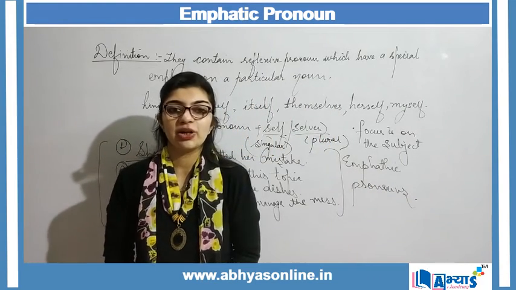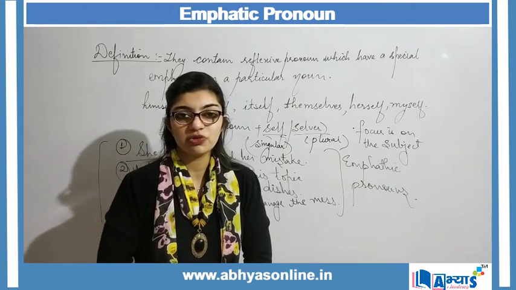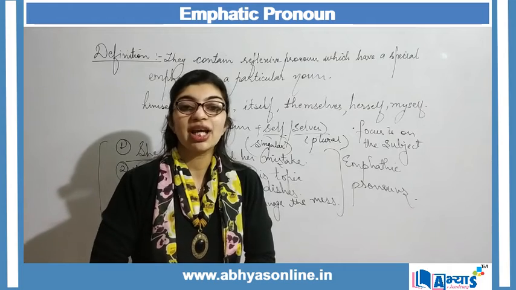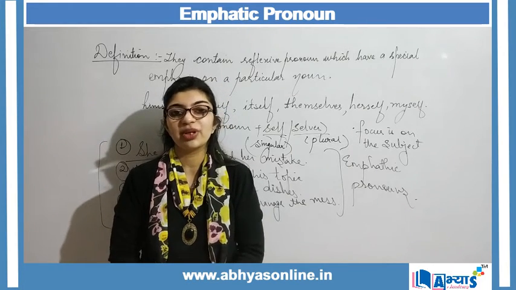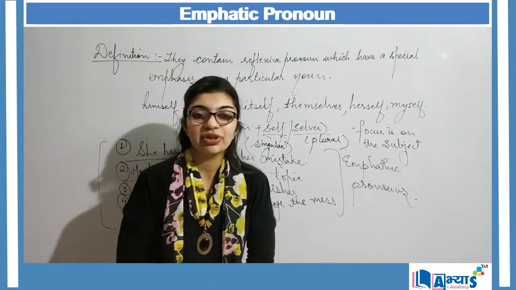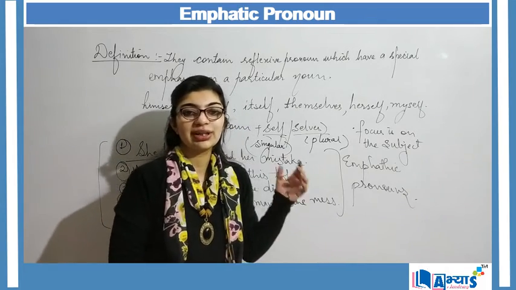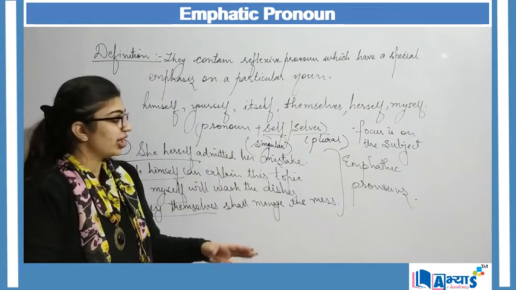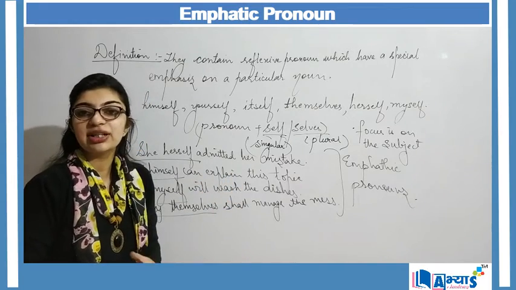So in this video we have talked about pronouns, we have discussed the definition of pronouns, the various types of pronouns, and out of that we have specially focused on emphatic pronouns. Emphatic pronouns are those pronouns which contain the reflexive pronouns but emphasize specifically the subject or the particular noun.